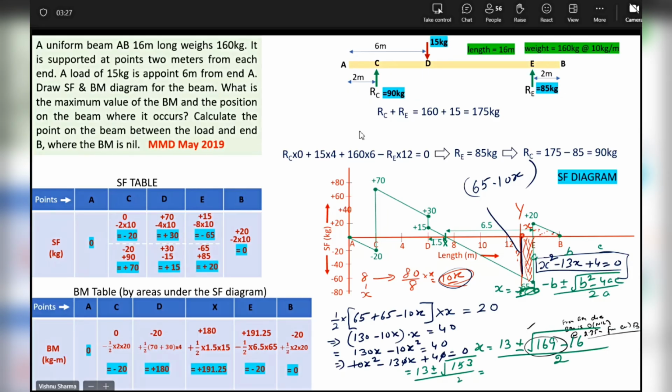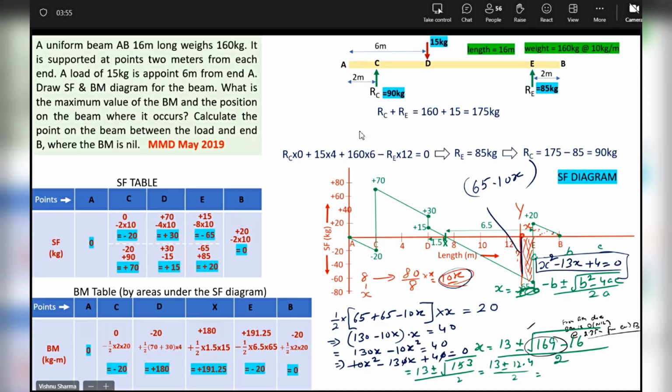The square root of 153 comes to 12.369. So 13 plus minus 12.369. Let me make it 12.4. If I add, it becomes 25.4, and divided by 2 it is about 12.7, so that gets ruled out.